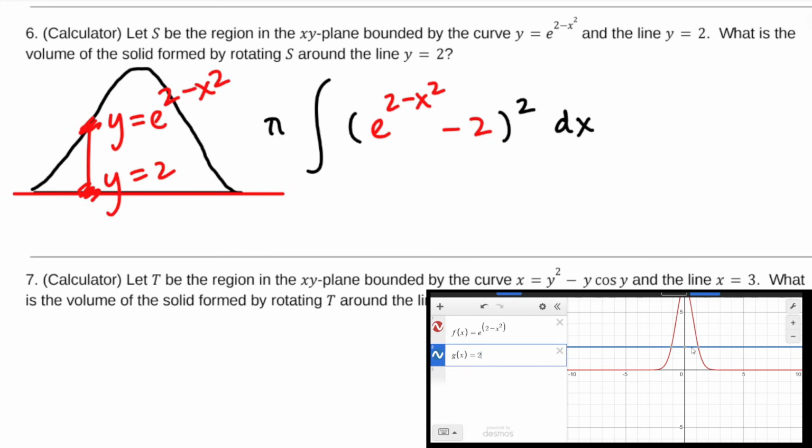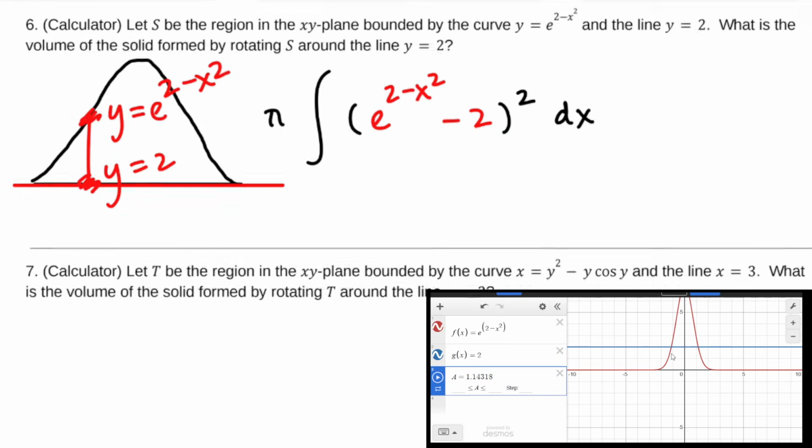This is going to be dx, and x is going to run from, okay, these are numbers I'm going to have to store in the calculator. So I see that this is the positive version of that number. So what I'm going to do is just store the positive version of it and then integrate from negative a to a. So call this a, get rid of the 2, and I am going to report that off to the side.